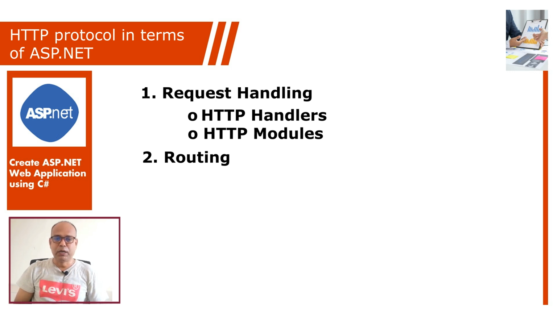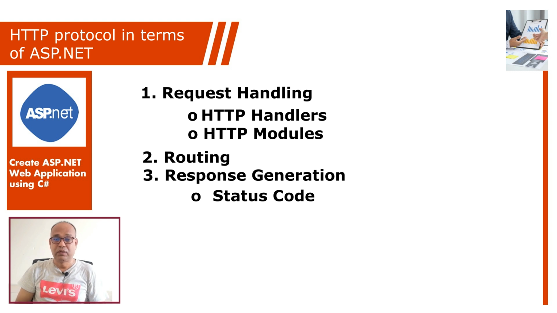Routing. ASP.NET uses routing to map incoming requests to specific handlers or controllers. This is particularly prominent in ASP.NET MVC and ASP.NET Core applications. Response generation. After processing the request, ASP.NET generates the HTTP response, which includes a status code, which indicates the result of the request, headers, which provide metadata about the response, and a body, which contains the content to be sent back to the client, such as HTML, JSON, or XML.